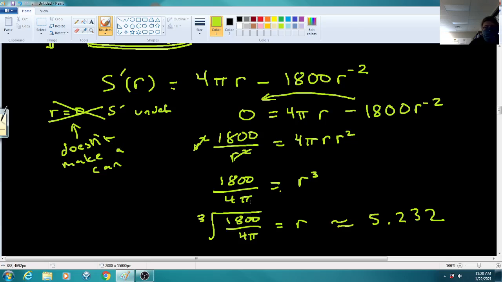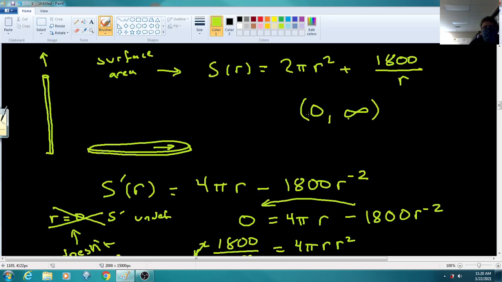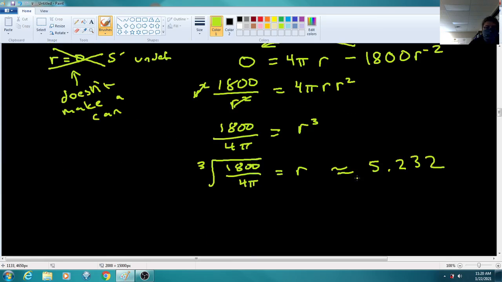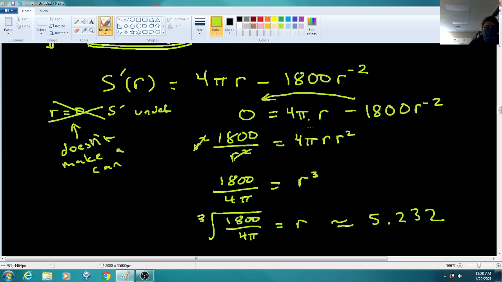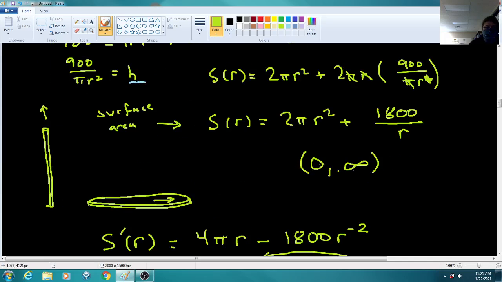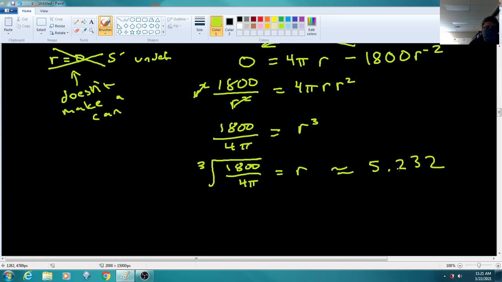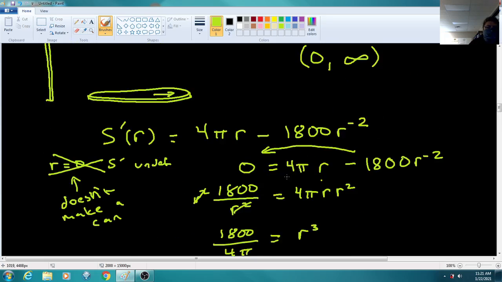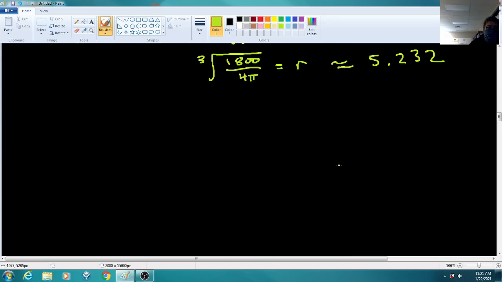So what we've got is 3 things to check. We have our endpoints here, which we're going to need to view as kind of limits. What happens as r approaches the endpoints? What happens as r is this value? And we want to think about what the surface area does. So here are our r's. Here's surface area. I'm going to bring the surface area equation down here so I can look at it easier.